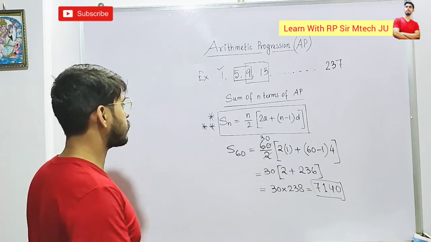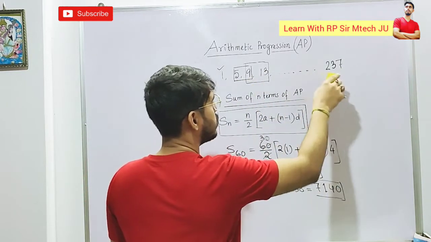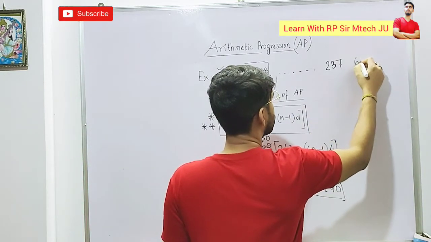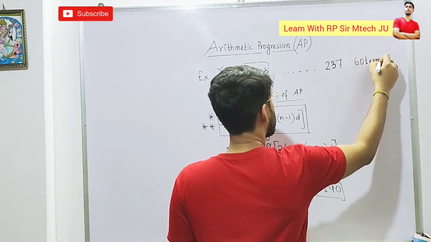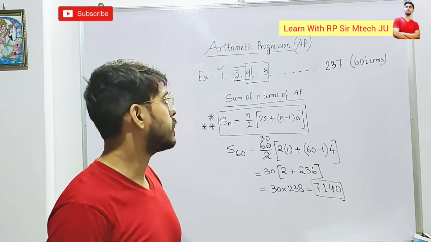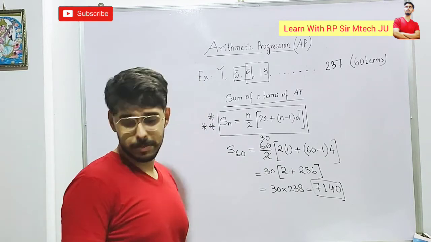So now in total how many terms are there? So in total there are 60 terms, because we found the 60th term, that was 237. So in total there are 60 terms.